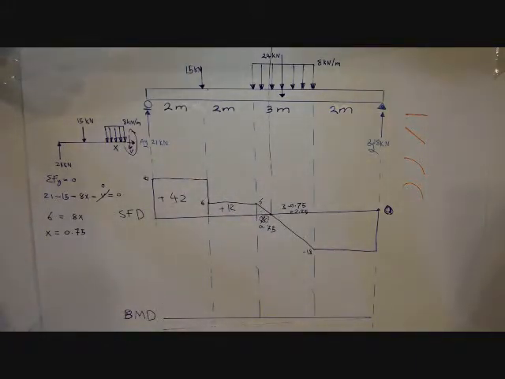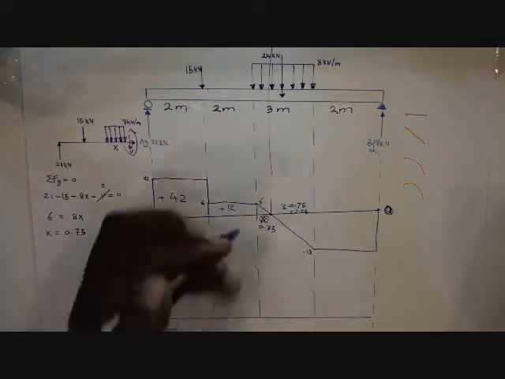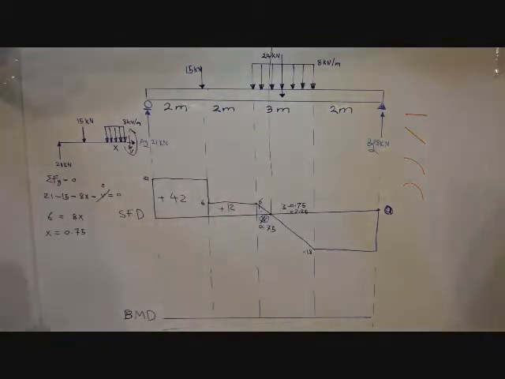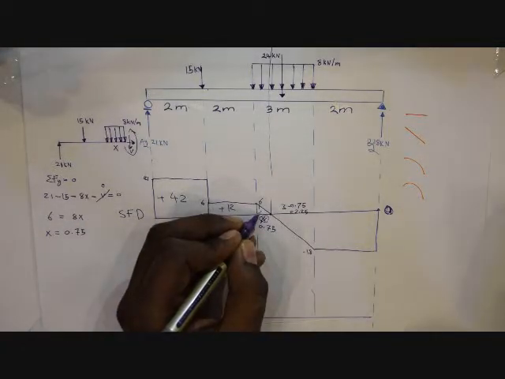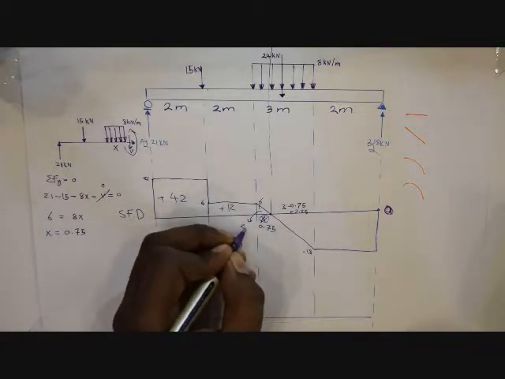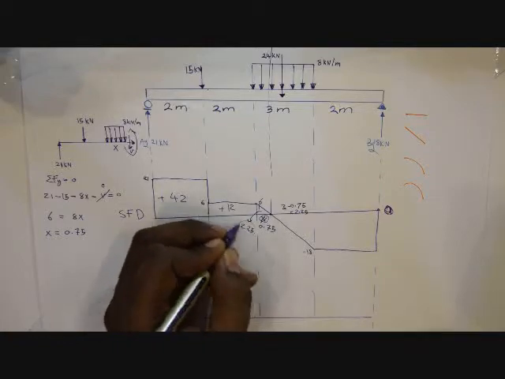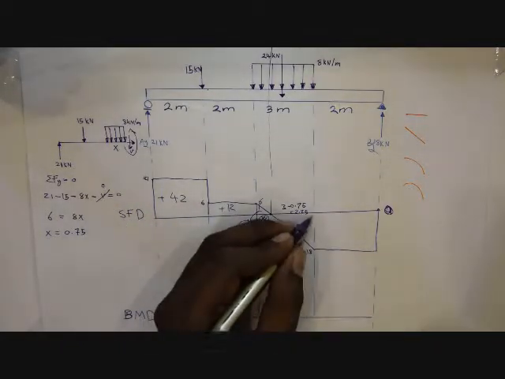So what is the area of this small triangle? 0.75 times the height, 6, divided by 2. How about this one?